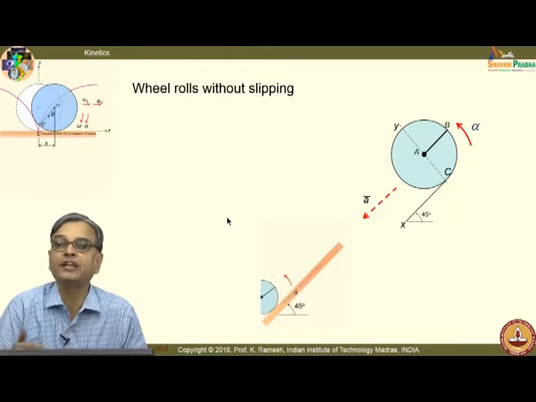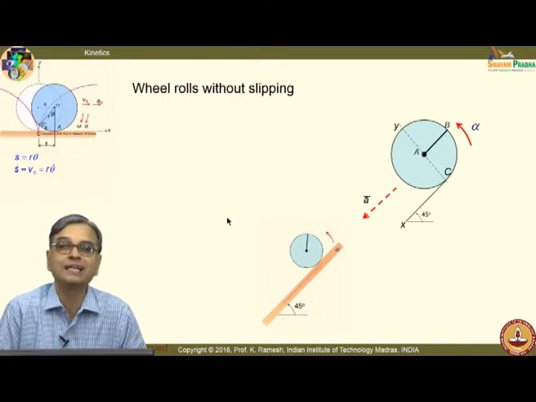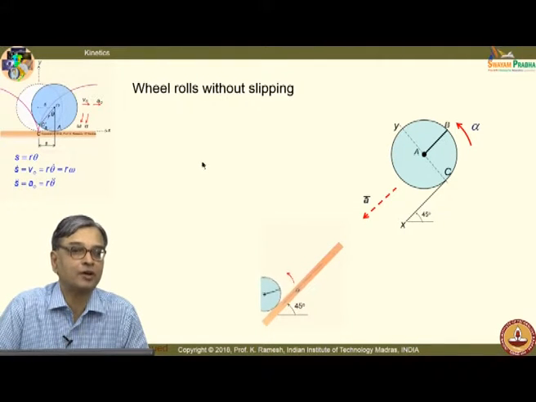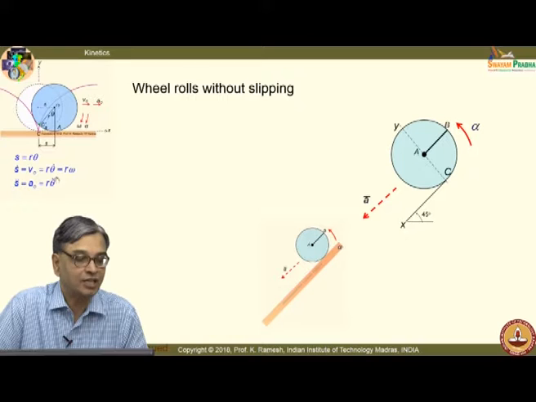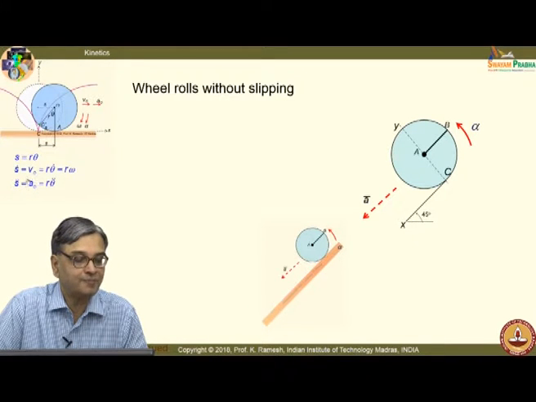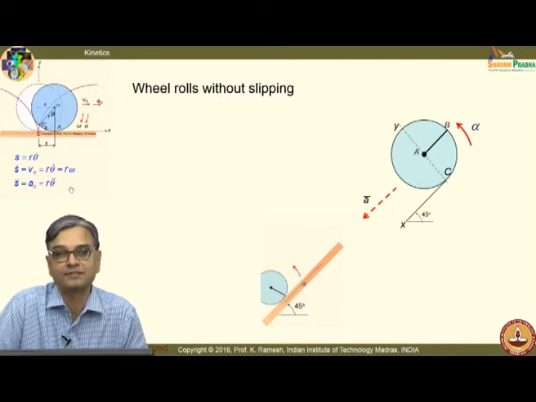You need to remember certain quantities, it is unavoidable, and rolling is such a common phenomenon that you will come across in many applications. You are expected to remember the relationship between the mass point velocity and angular velocity, as well as mass point acceleration and angular acceleration.